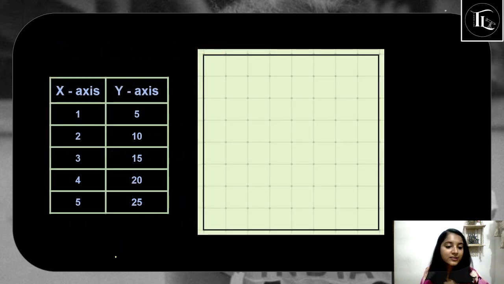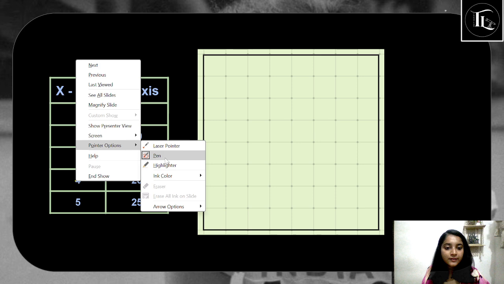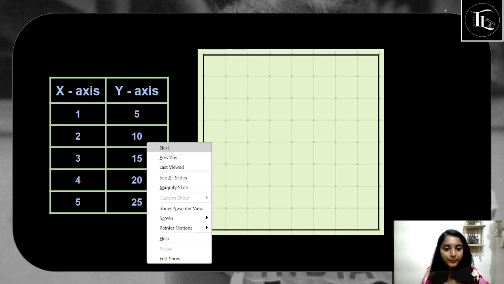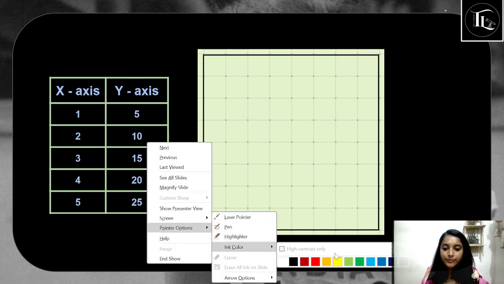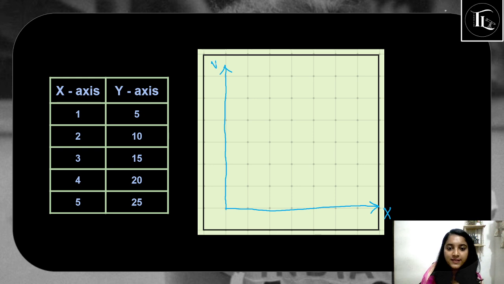Okay, so here are the points, and let us draw the graph together and you will be able to know what I'm actually trying to say here. Let me just change the color of my pen. Okay, yes. So x and y axis. Let us draw the axis here. Let us say this is x and this is y.